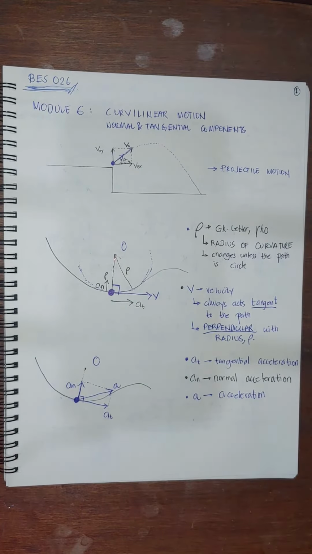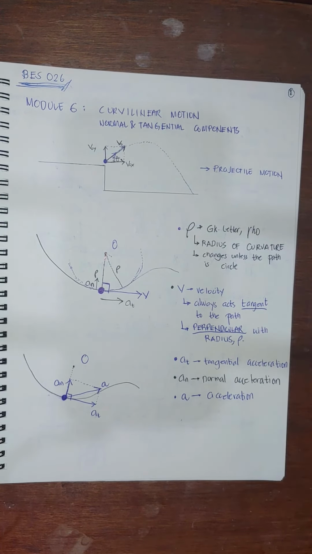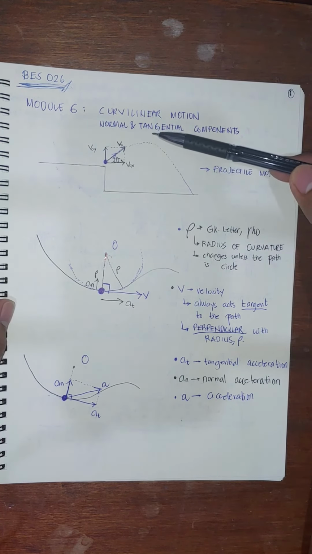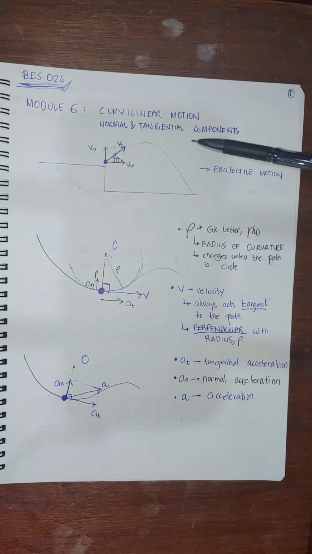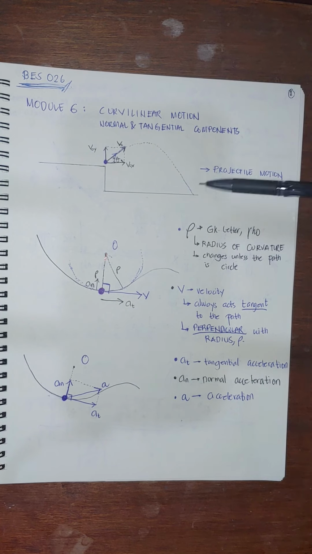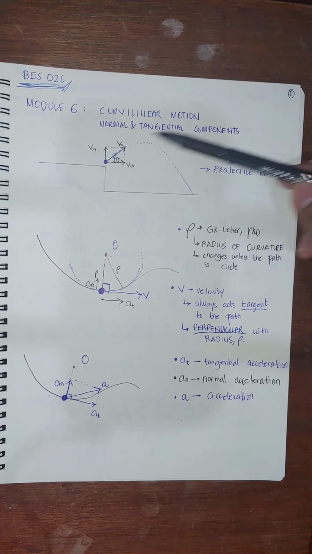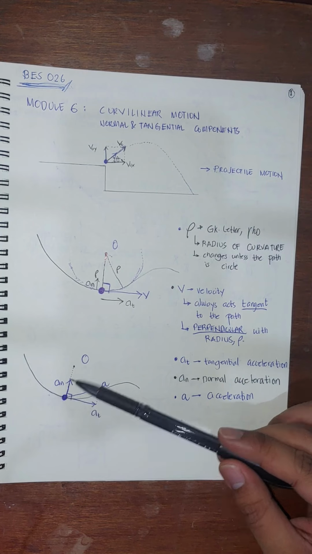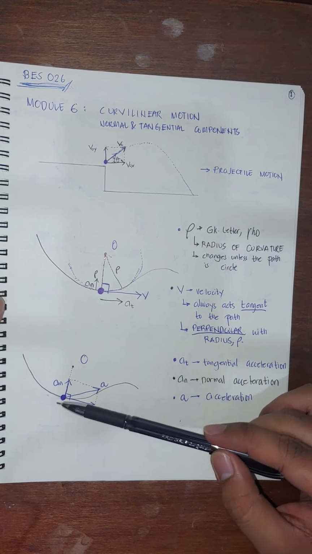Okay, before we end this topic, a short review again. Curvilinear motion and normal and tangential components. They say that projectile motion is just curvilinear motion also. But instead of using the horizontal and vertical components of the velocity and the acceleration, to make it easier, we use the normal and tangential components.